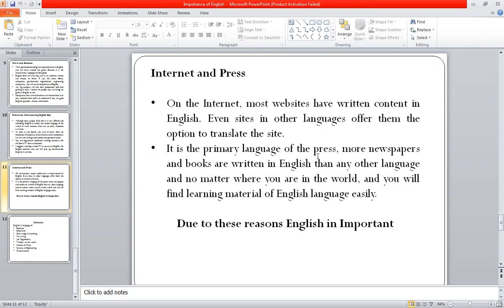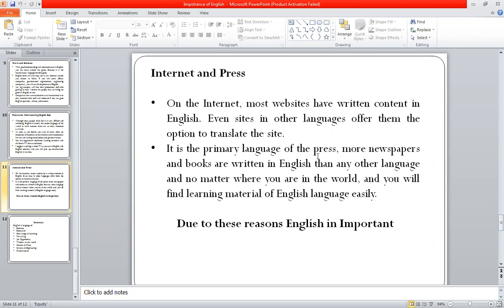The last point is that it is the primary language of press, and more newspapers and books are written in English. At the international level, many newspapers and many magazines are there, like the Sunday Times and other newspapers.